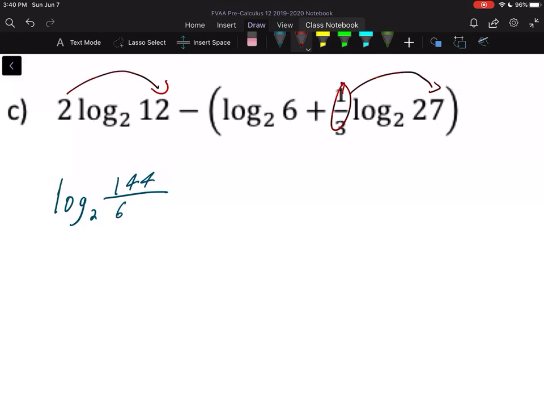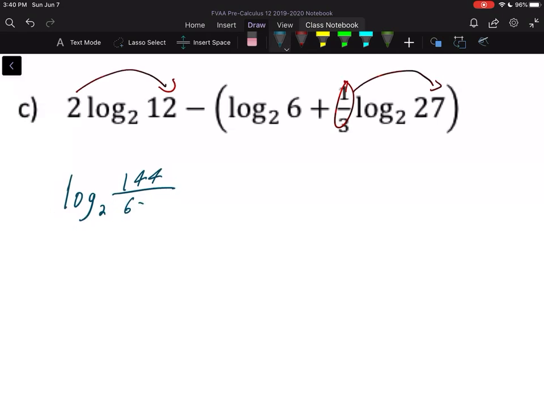Okay, so it'd be 6 times 3 times 3. I get the 6 from here, and I get the 3 from 27 cube rooted, or with an exponent of 1 over 3. All right, that's going to give me a log 2 to the 8.